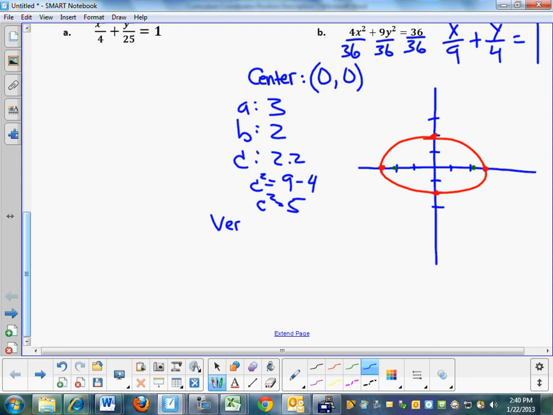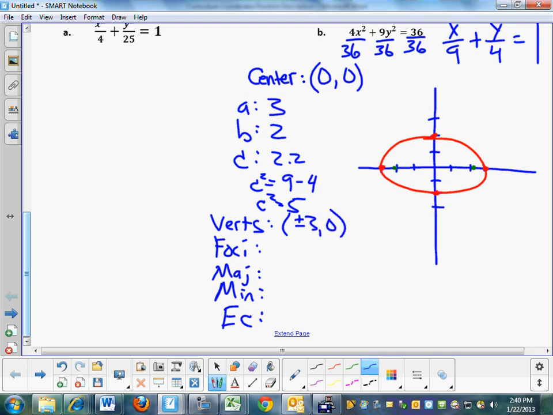Okay, so we need the vertices, the foci, the major axis, the minor axis, and the eccentricity. What are the coordinates of the vertices? Plus minus 3, 0.